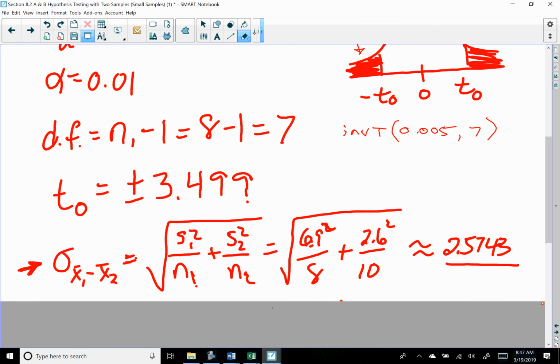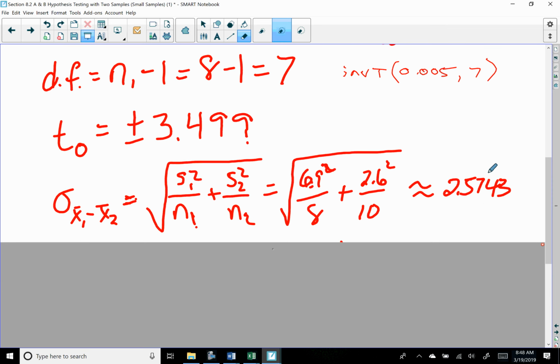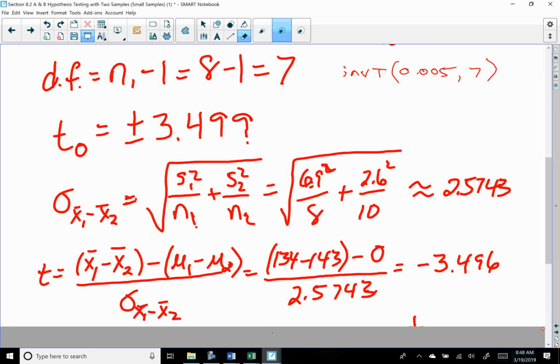And then I can use that to calculate my standardized test statistic t, because this is my denominator for that calculation.